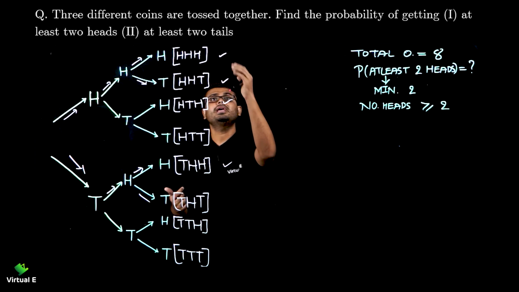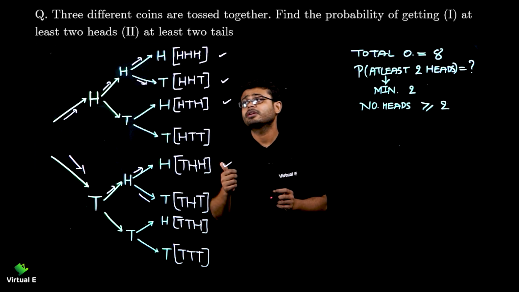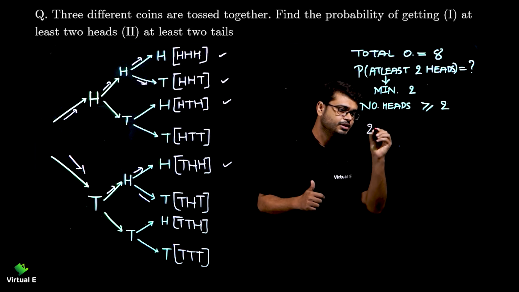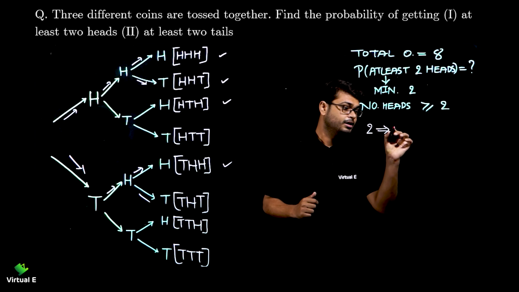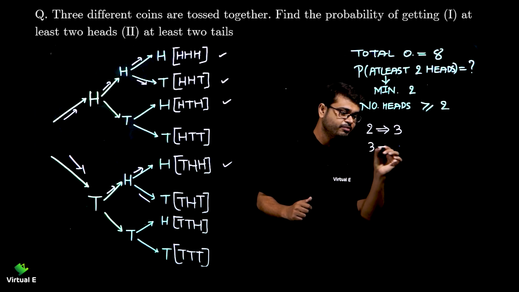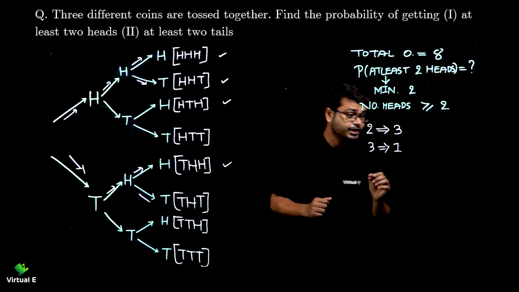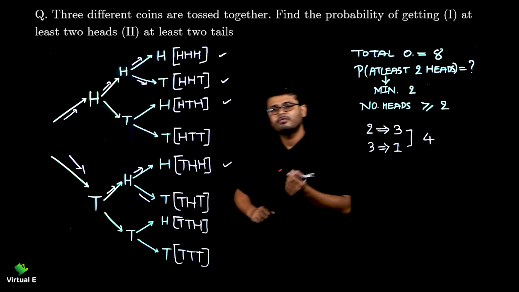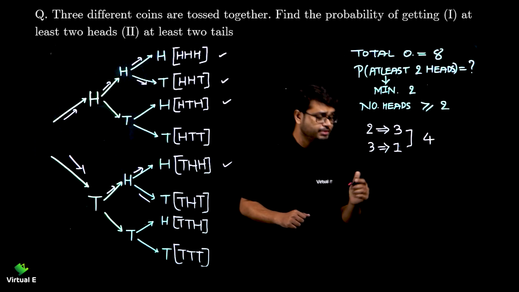So how many outcomes are favorable? 1, 2, 3, 4. So we have counted for the 2 heads and the 3 heads. If we want to mention over here, for 2 heads how many outcomes are there? 1, 2 and 3. And for 3 heads how many outcomes are there? There is only 1. So if you add both of them, you get 3 plus 1, 4. Very simple logic. So let's write the probability.